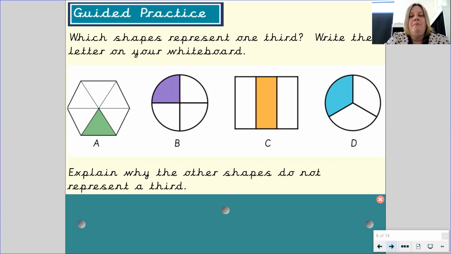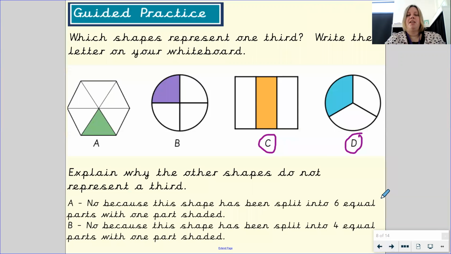Pause your video now. So the shapes that showed us a third were shape C and shape D. Let's find out why shapes A and B do not show us a third.